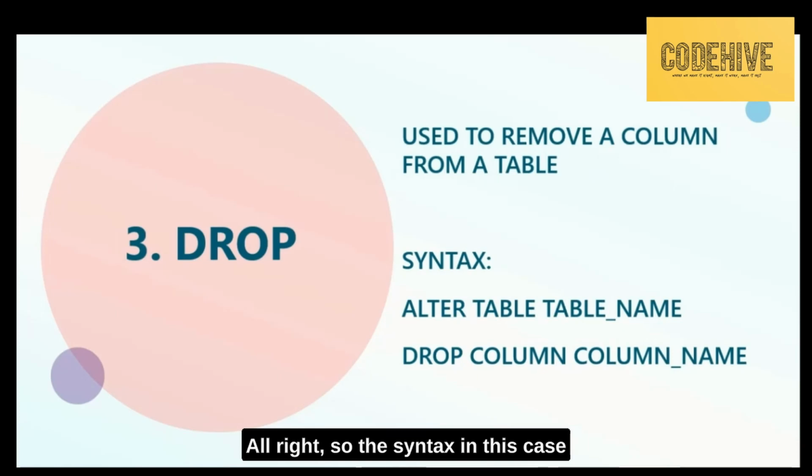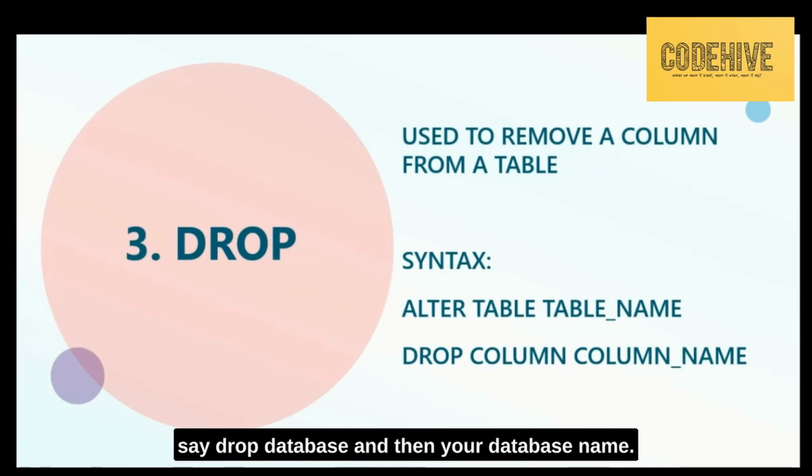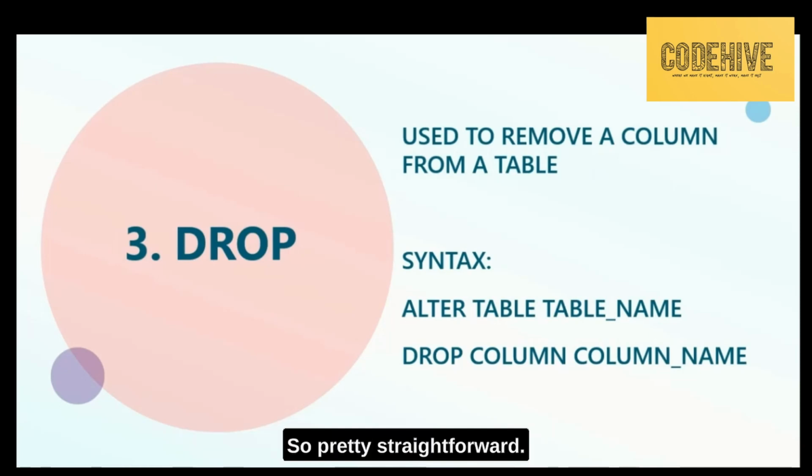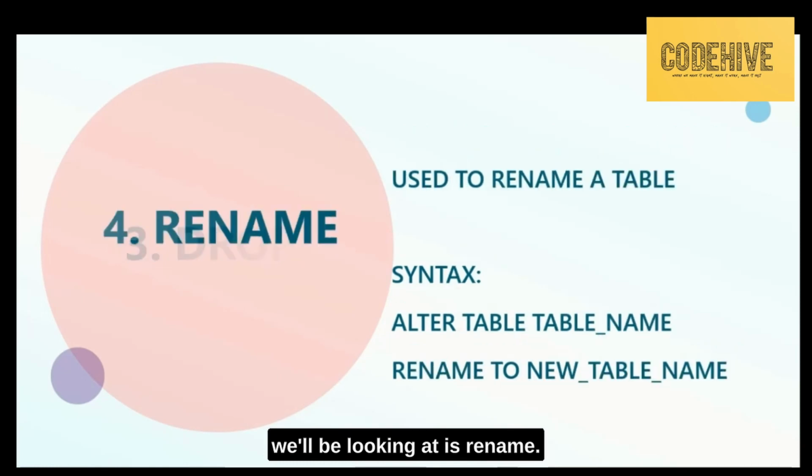The syntax in this case is alter table, the table name, and drop column and then your column name. If you wanted to drop a table, you'd say drop table and then your table name. If you wanted to drop a database, you'd say drop database and then your database name. Okay, pretty straightforward.